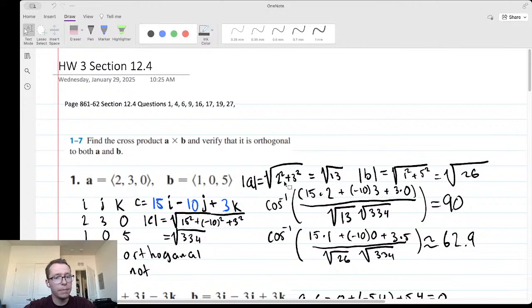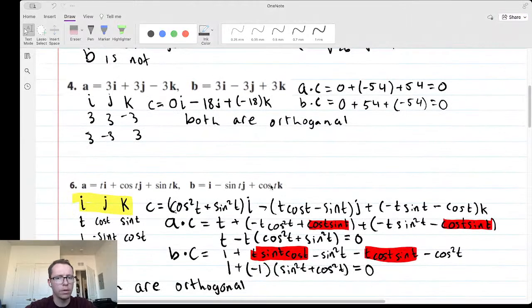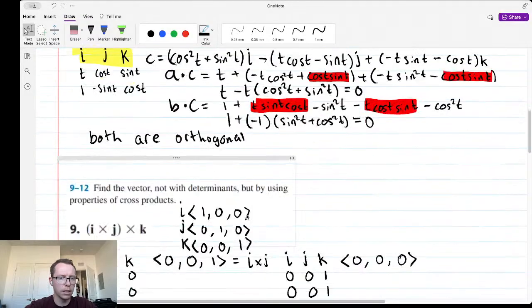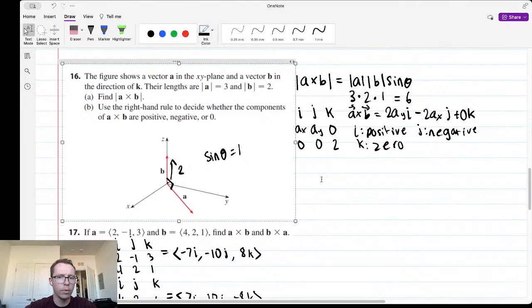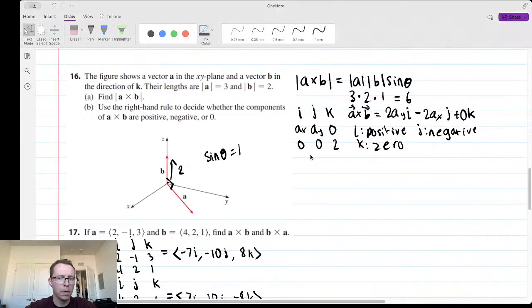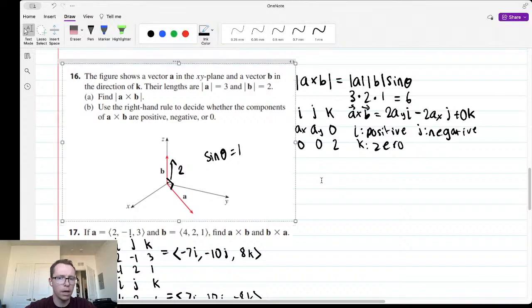I think I'm going to email the teacher and see if he would accept that. Wait, what's up with that one? That's 16. 16 still looks weird somehow. There's just a weird dot in the middle of it. But that's okay.